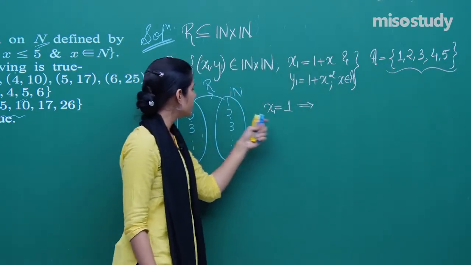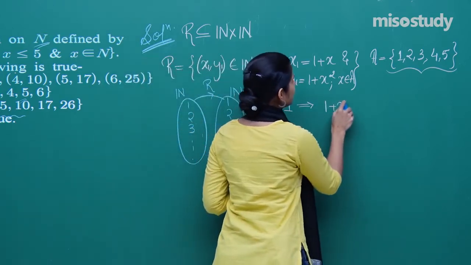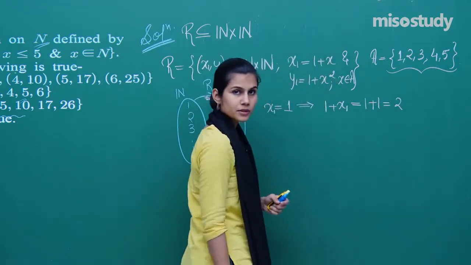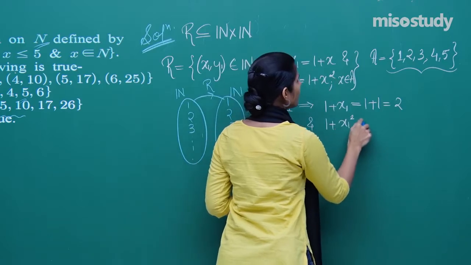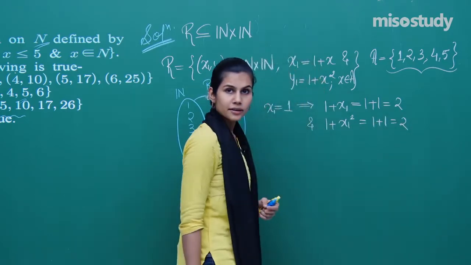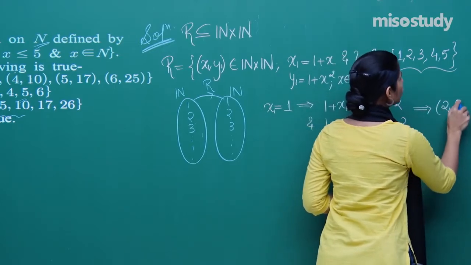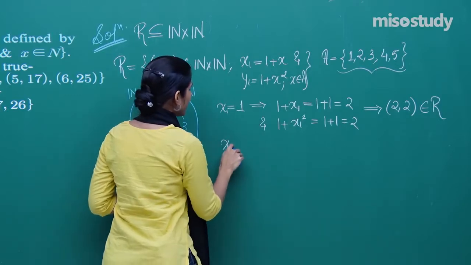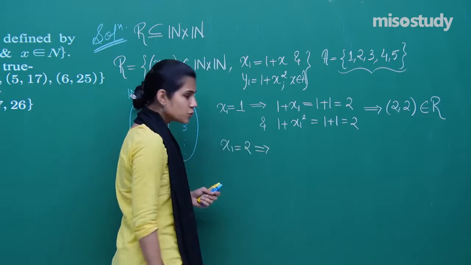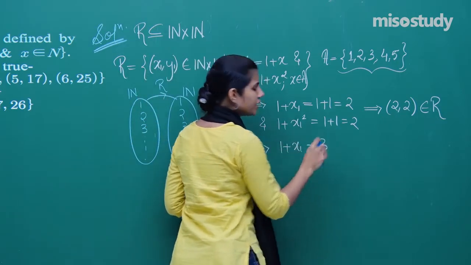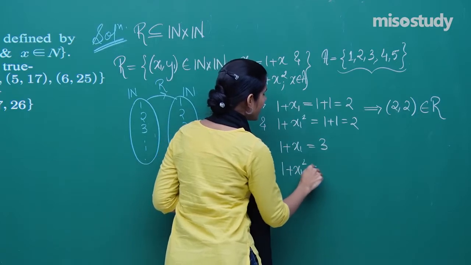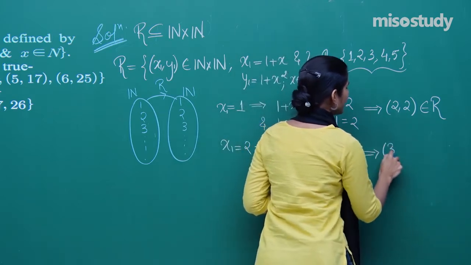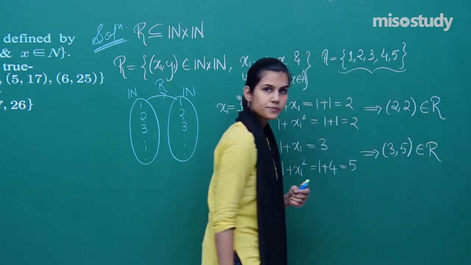So if x1 is 1, then 1 plus x1 is 1 plus 1, that is 2, and 1 plus x1 square is 1 plus 1, that is 2 again, giving you the ordered pair (2, 2) belonging in the set R. Now if I begin with x1 equals 2, this would imply 1 plus x1 is equal to 3, and 1 plus x1 square is 1 plus 4, which is 5, delivering the information that (3, 5) also belongs to R.